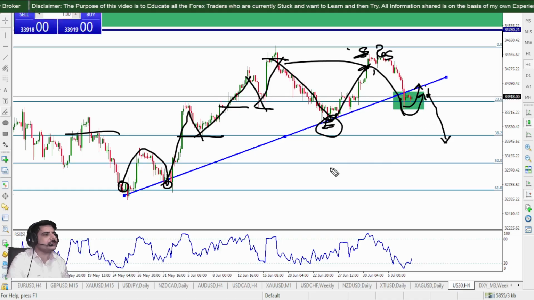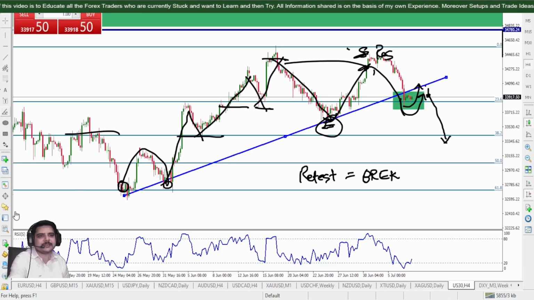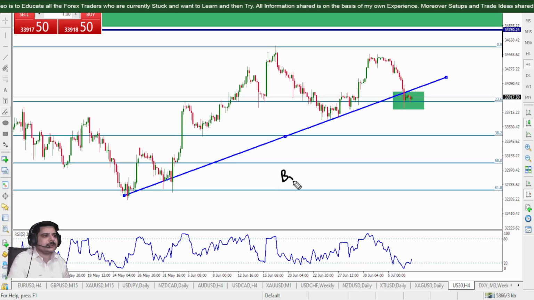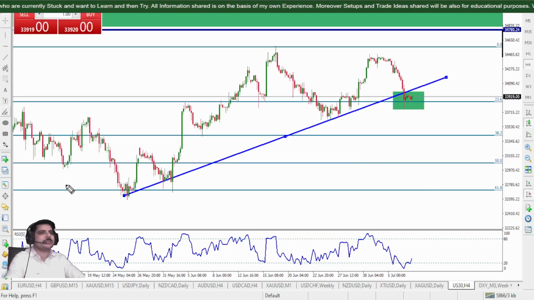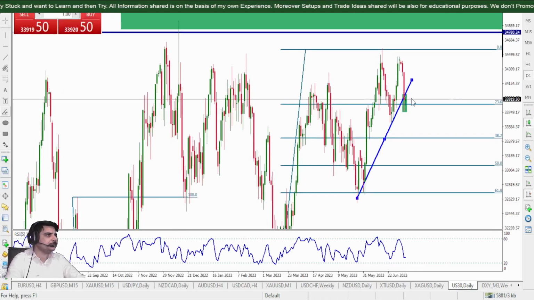Now we have to see a retest or a break in. So this is like a break in, I should say, break in or retest. Now the Fibonacci definitely suggests to me, let me show you that very quickly, on the daily time frame.